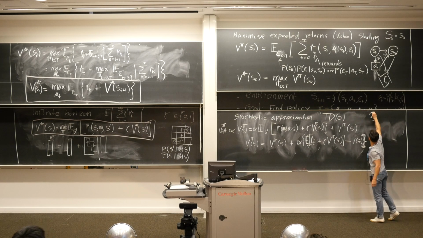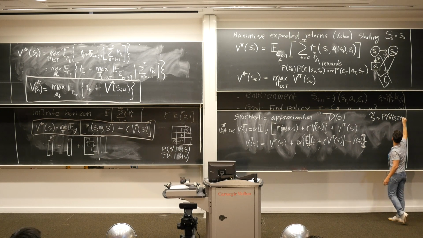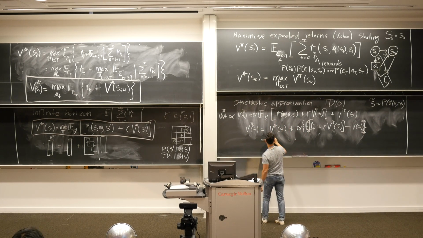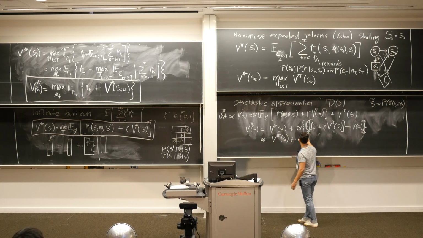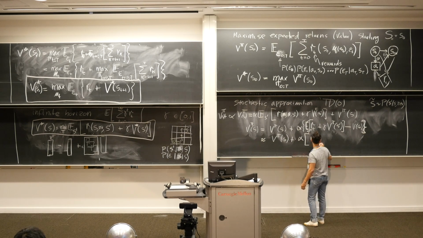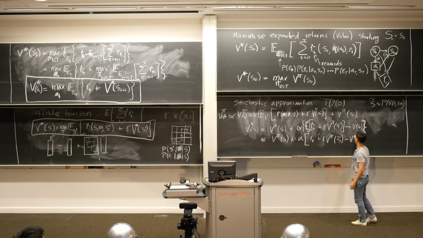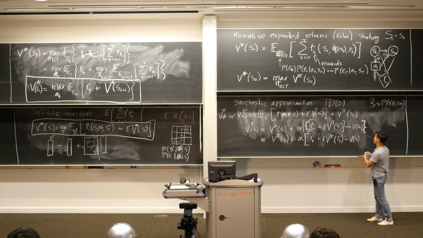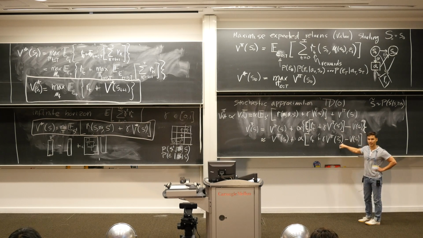So I'm going to draw S tilde from P of S prime given S comma pi of S. And I'm going to approximate this with V pi of S plus alpha times R t plus gamma V pi of S tilde minus V of S. All right, so I've drawn a single sample from the distribution to approximate this.